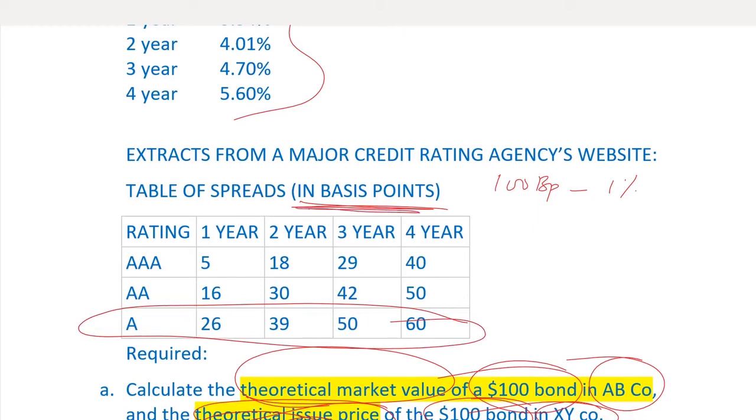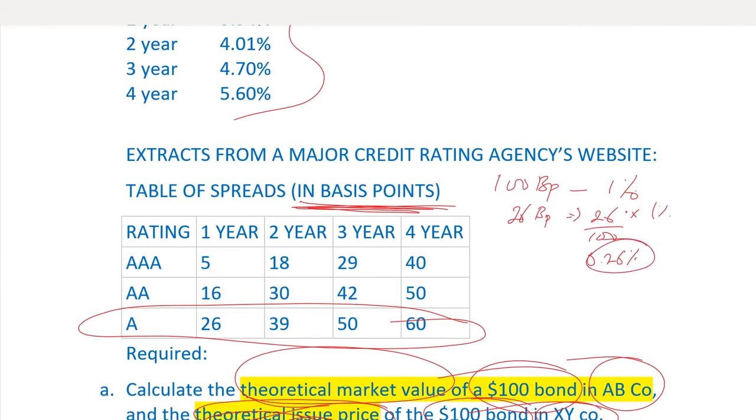Remember, all spreads are in basis points. So how do I convert basis points to percentage? All you need to do is to divide it by 100. If 100 basis points is 1%, then 26 basis points will be 0.26%. Collecting like terms, that will be 26 times 1% over 100. So this is 0.26%.